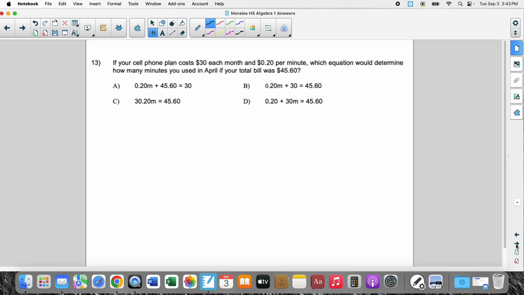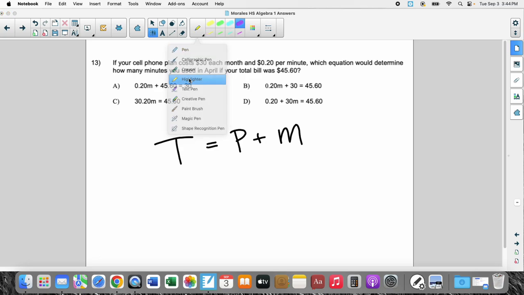So look, our total bill is going to be the usage per minute, the per minute cost, plus your monthly cost. So the total, we know what the total is. The total is going to be $45.60. The per minute part is right here.